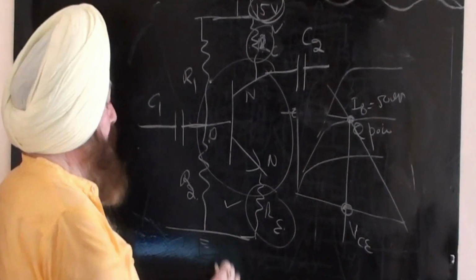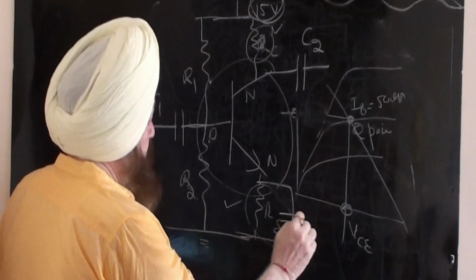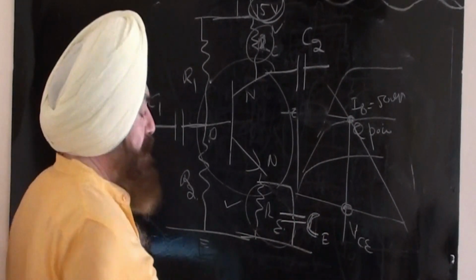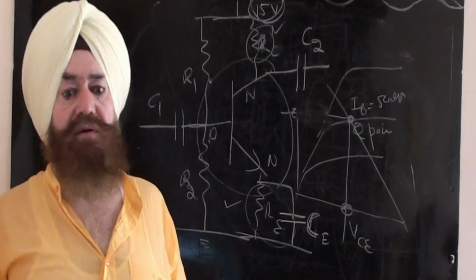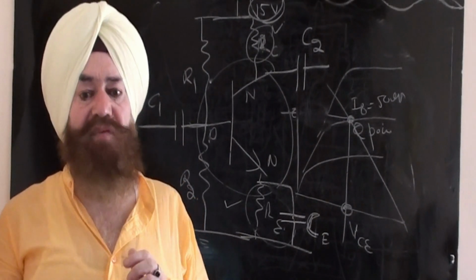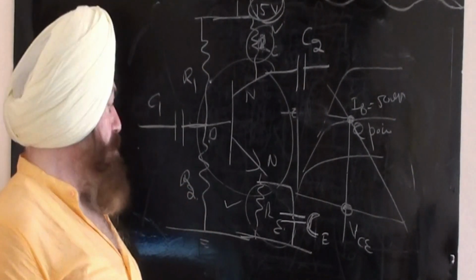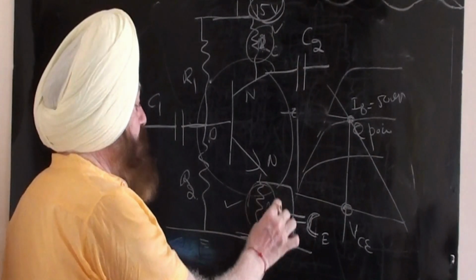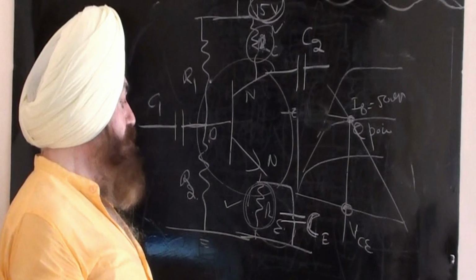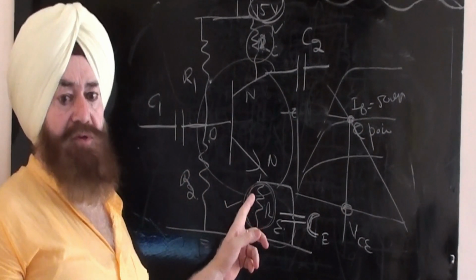And there is also a capacitor here, the capacitor at the emitter, CE. CE can be used to bypass the negative feedback for AC frequencies of interest. Because here the DC voltage provides negative feedback, but we don't want any AC signal feedback.